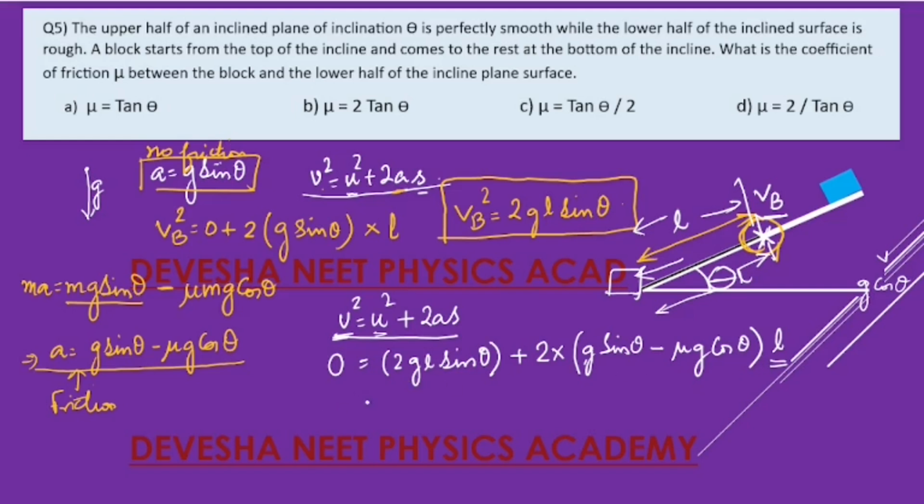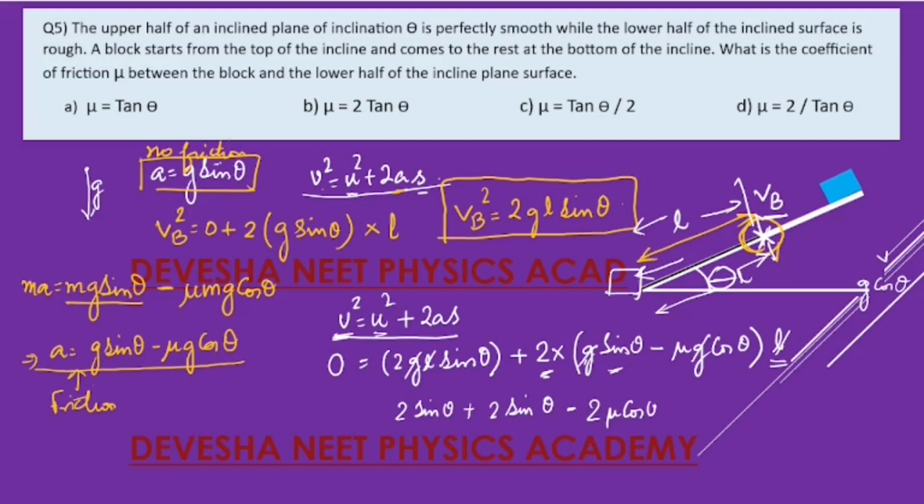So we can cut the common things here. g is common everywhere, which you can remove, and L is common everywhere, so we can remove L too. Now we're left with 0 equal to 2 sine theta plus 2 sine theta minus 2 mu cos theta.